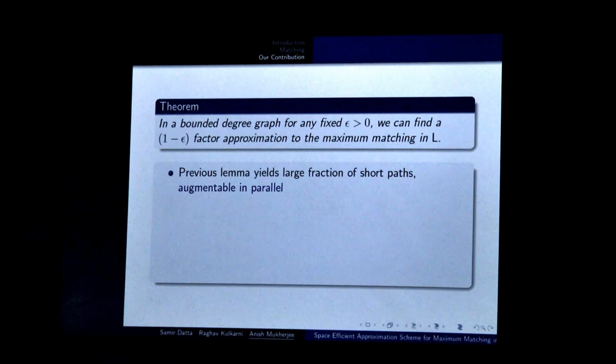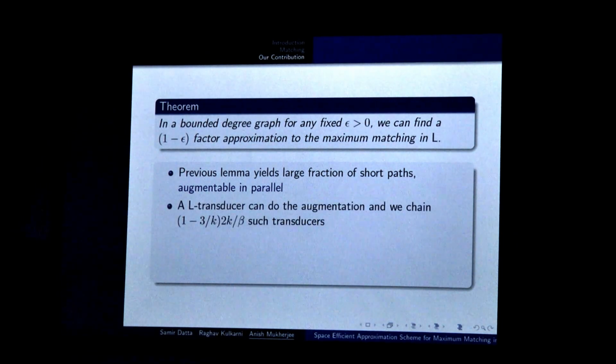So we have found a large set of augmenting paths which we can augment in parallel. And all of this can be done using a Logspace transducer. So we apply Logspace transducers one by one, each of which finds some paths and augments them.